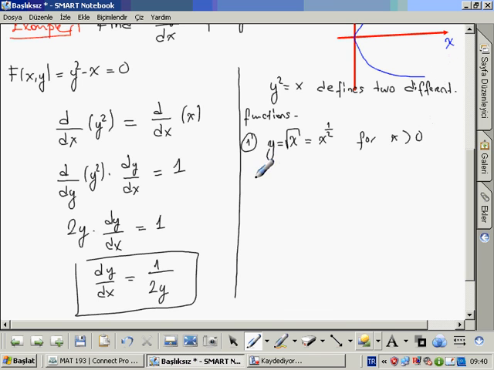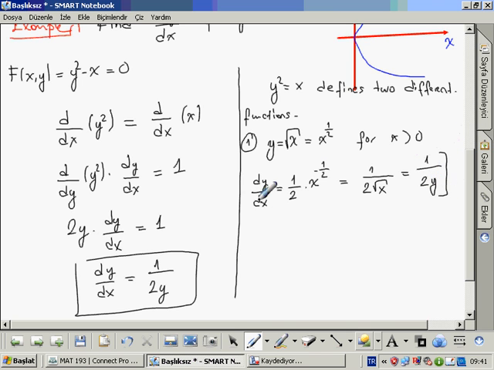So del y over del x is equal to 1 over 2 times x to the power of minus 1 over 2, and it is equal to 1 over 2 times square root of x, and it is equal to 1 over 2y.